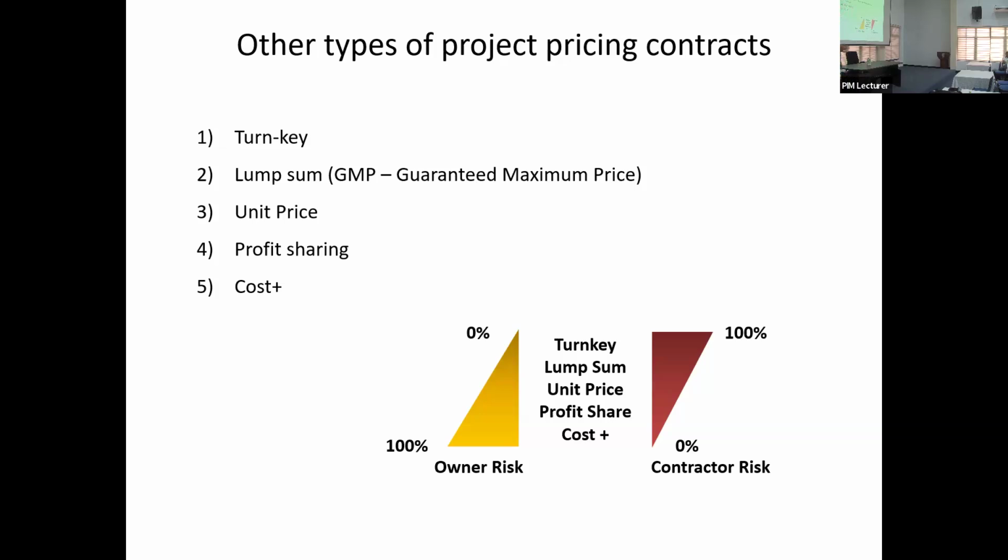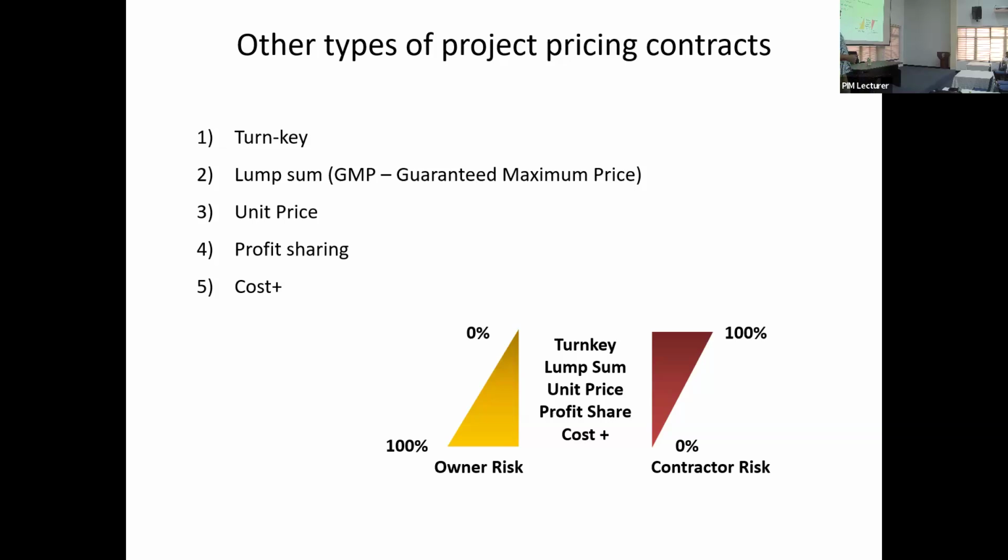Then you get unit price. Unit price is very straightforward. Let's say you are doing an IT project. Unit price is very simple. You multiply 300 hours by the number of people by whatever rate. That's it. Then you get profit share, where you finish a project and you agree a percentage to share.